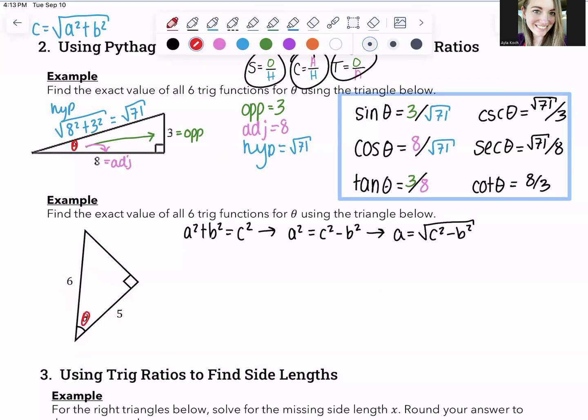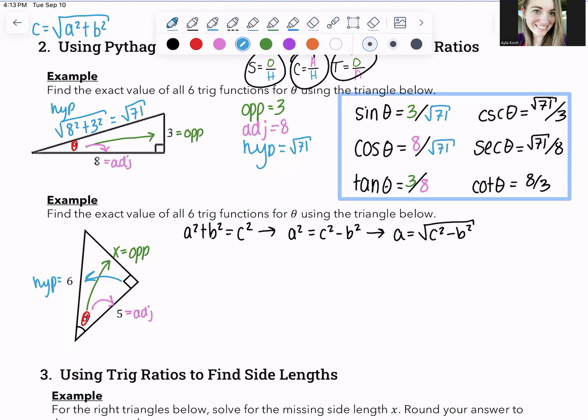All right, so for angle theta here, the adjacent side is 5. The opposite side is our missing side. So I'm going to call this guy X. This will be our opposite. And the hypotenuse, directly across the triangle from the right angle, is 6.